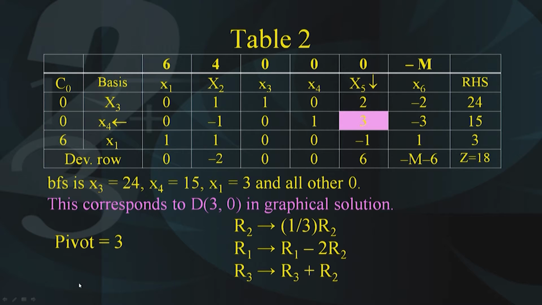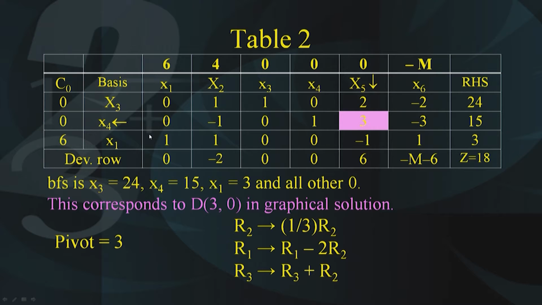So, the pivot is 3, and we will apply the elementary row operations again in such a way that this vector becomes 0, 1 and 0. So, we want x5 to become (0, 1, 0). What are the elementary row operations that we should apply? Yes, we should apply the following.